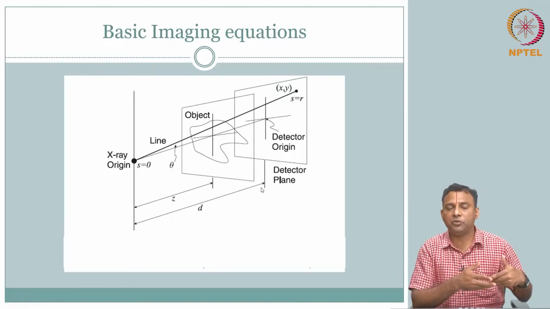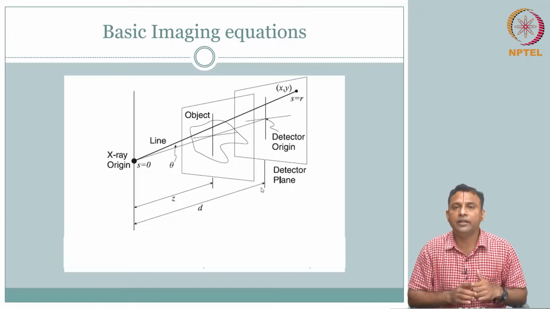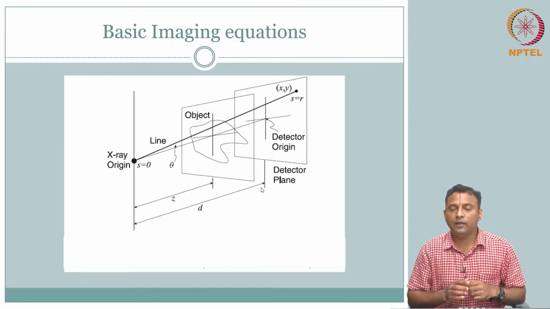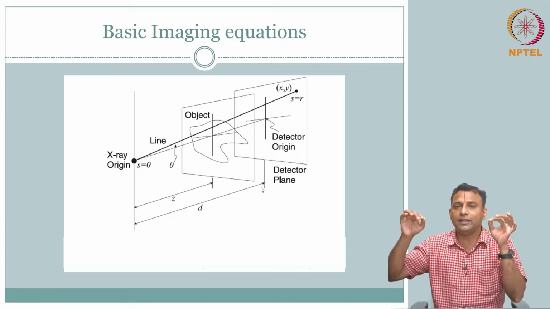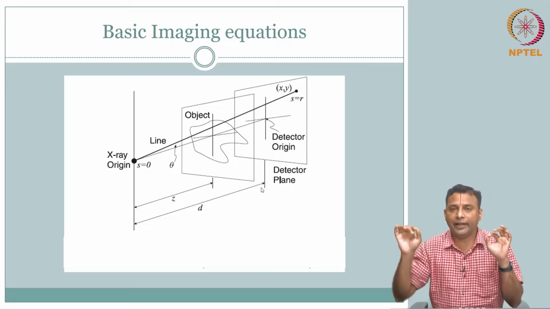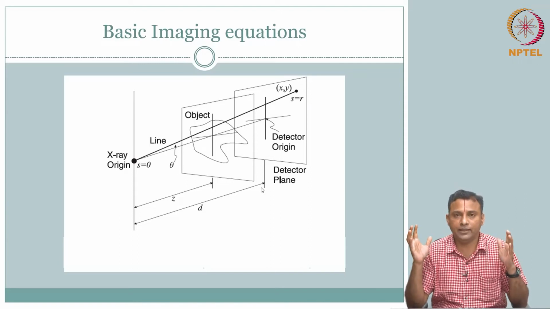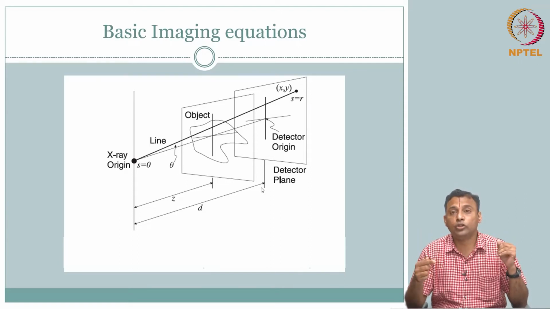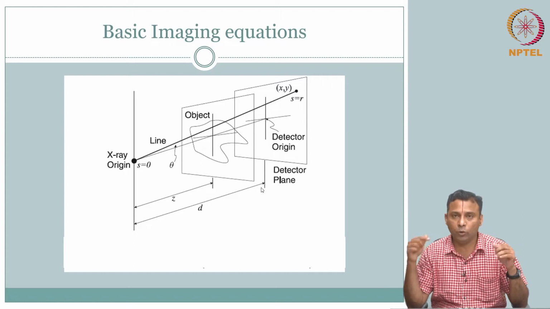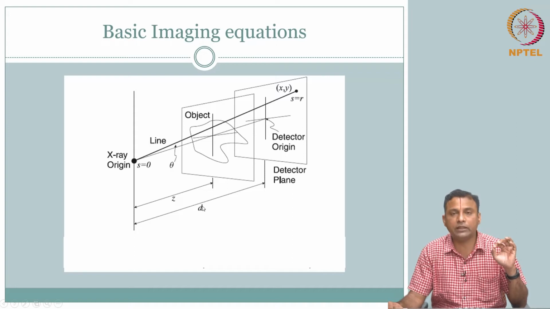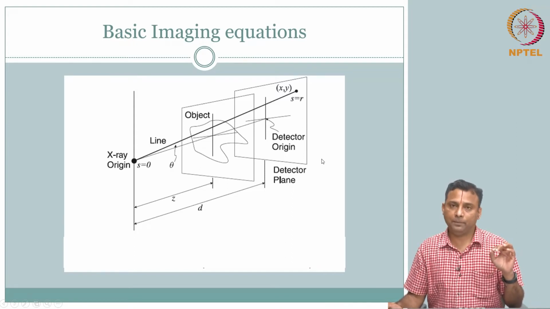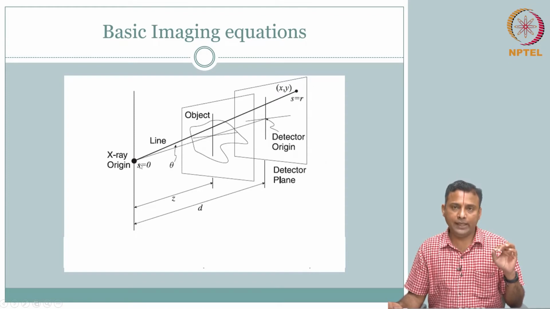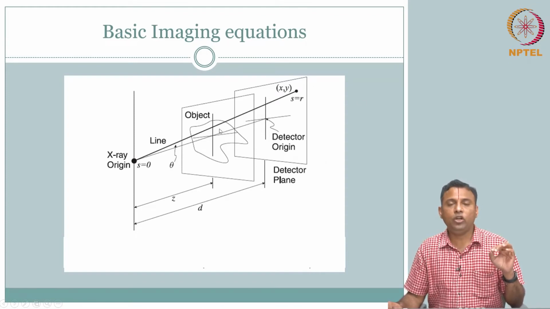Now that we covered the instrumentation, if the detector is going to be your X-ray film, whatever you capture on the X-ray film, the doctor is going to see as an image in light and make a diagnosis. This is called a through transmission image, and the setup that we discussed in instrumentation is a through transmission setup. That means you have a source on one side and the detector on the other side of the object.